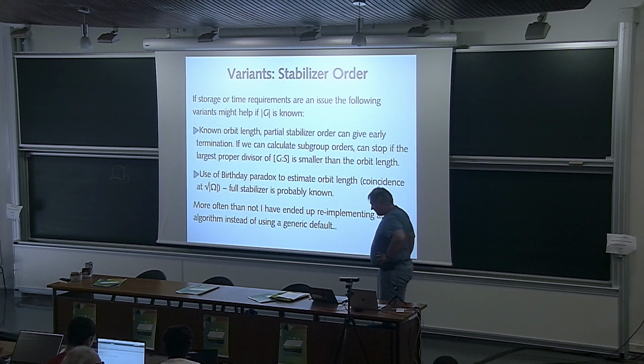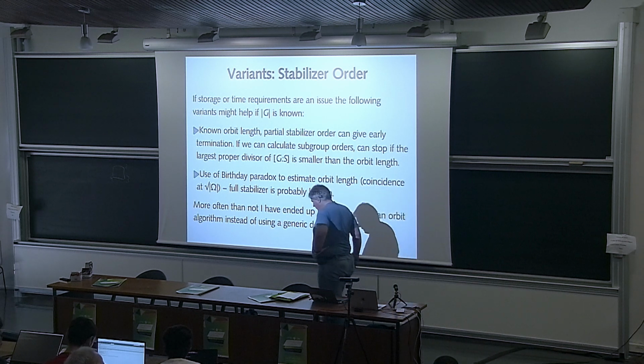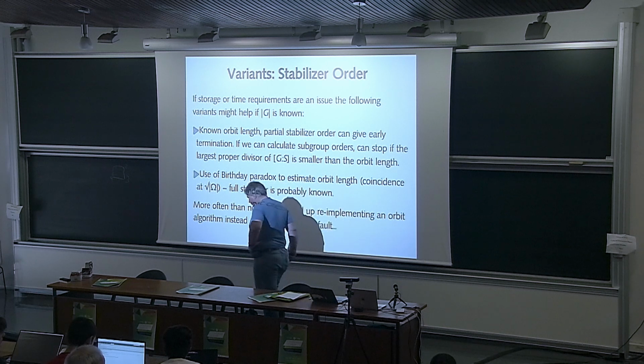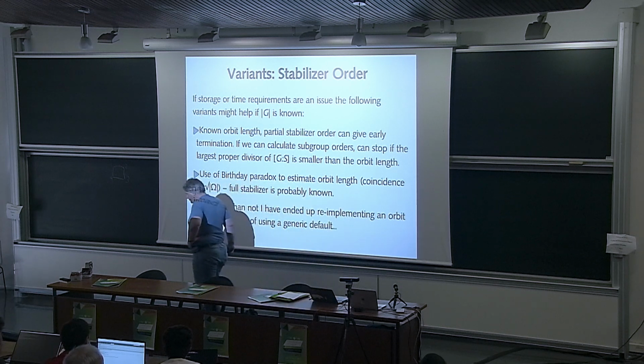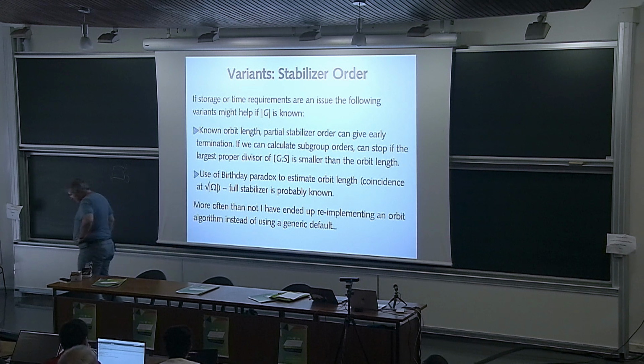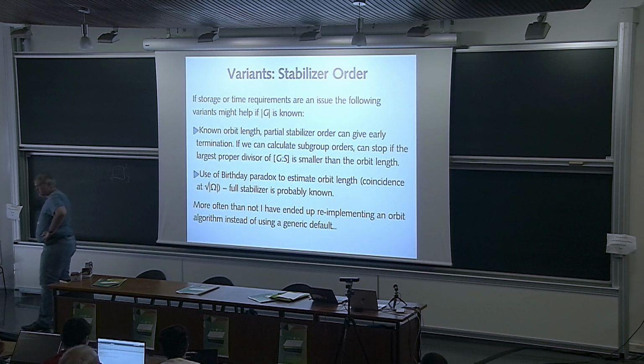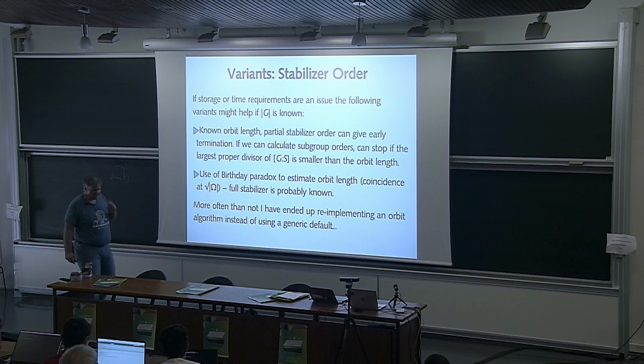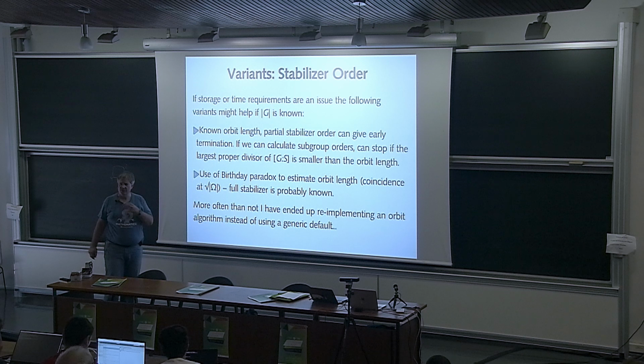The other variant has to do with group orders or stabilizer orders. A big problem which we will encounter again and again is that the total number of Schreier generators is huge.